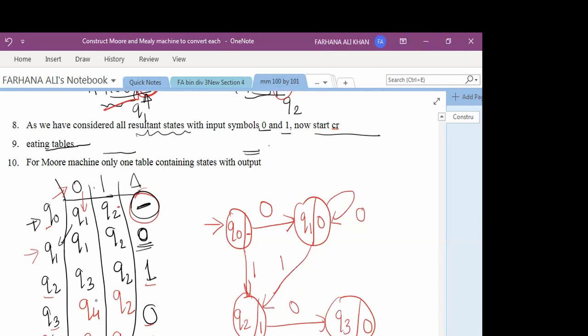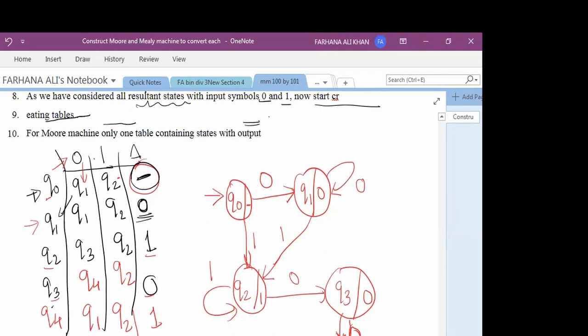So Q2 on 0 goes to Q3, and Q2 on 1 goes to itself. Now we consider Q3. Q3 with 0 is going to Q4. The output of Q4 is 1. Sorry, Q3 on 1 is going to Q2.